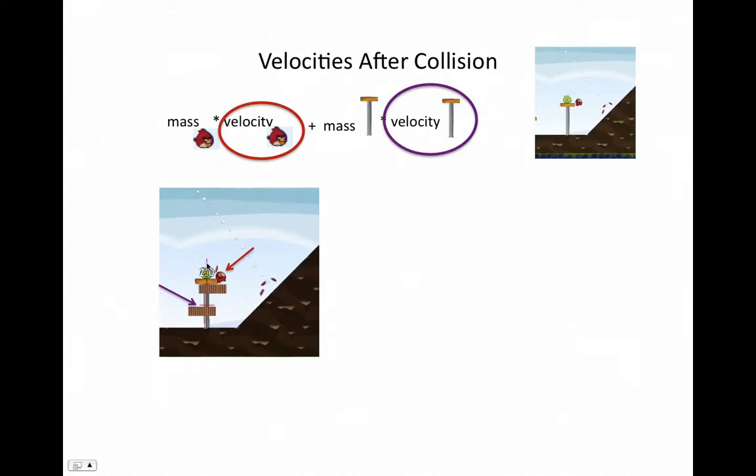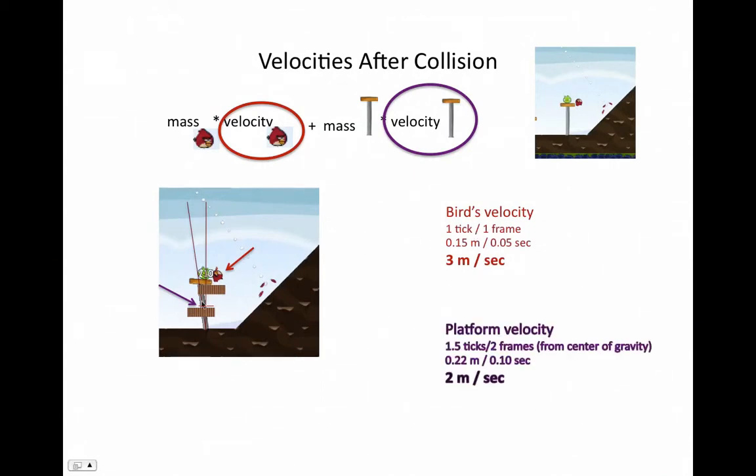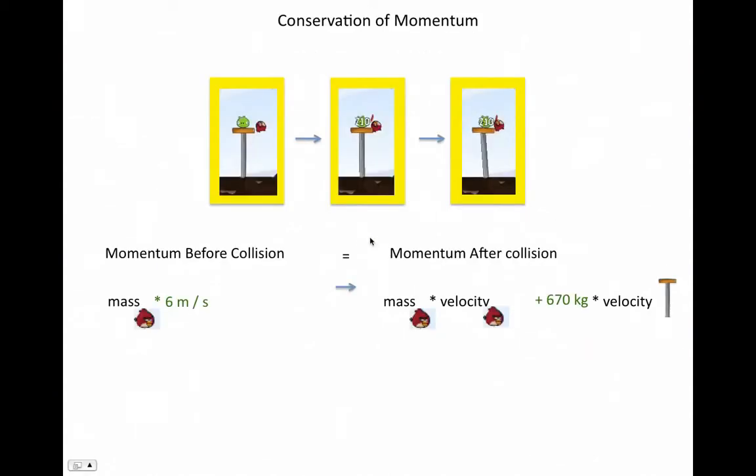What we do is we put a point of reference here, and then we look at the following frames, and we see how fast red moves, as well as how fast this concrete and wood stand moves relative to the center of gravity. So the bird's velocity is 1 tick per 1 frame, which is 3 meters per second, and the platform velocity measured from the center of mass here is 2 meters per second.